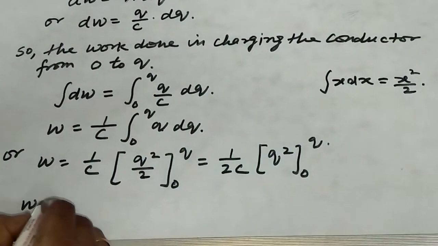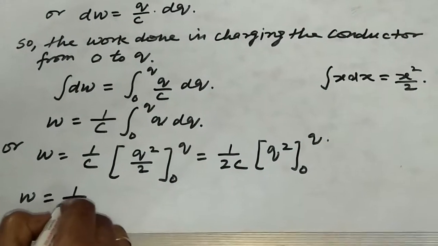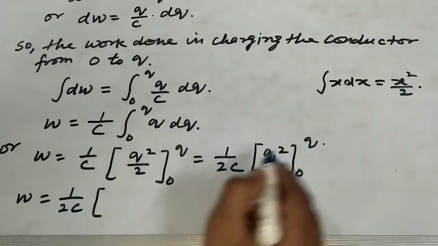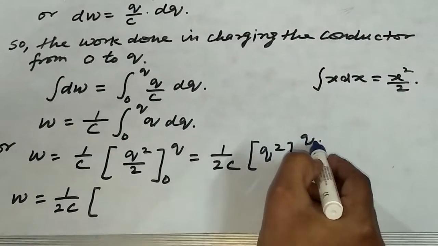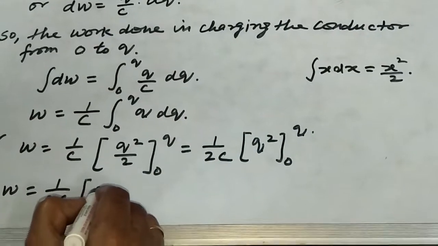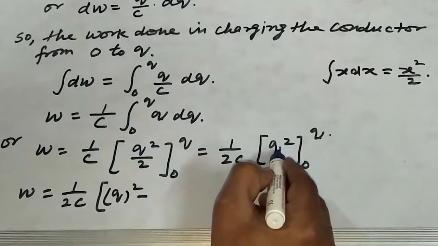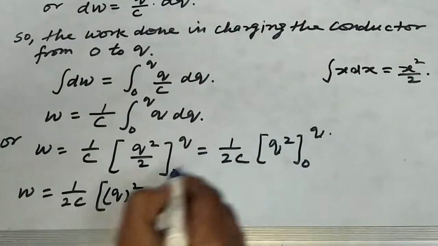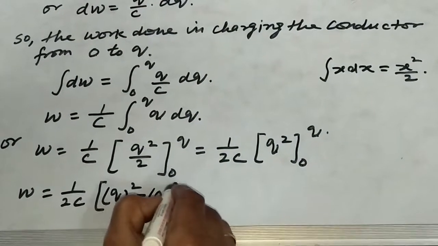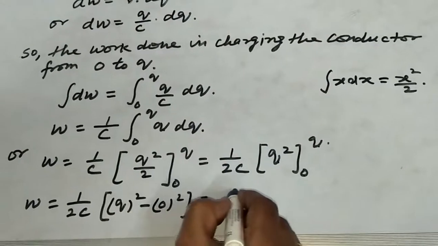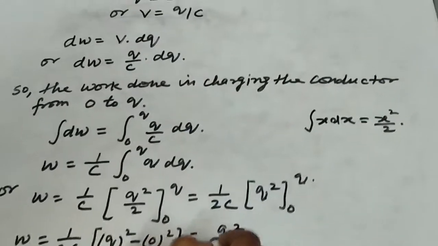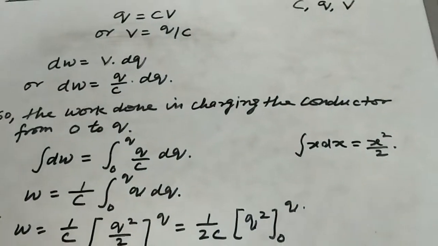Now this work done W is equal to 1 upon 2C, and first in place of Q you write the upper limit, so this becomes Q whole square, minus, again in place of Q you write the lower limit 0, so 0 square. Finally you will get Q square by 2C.